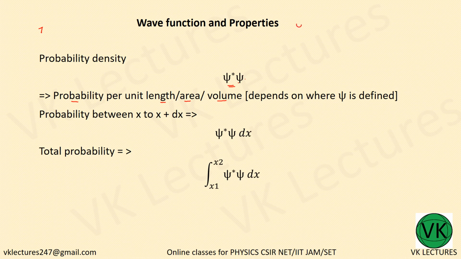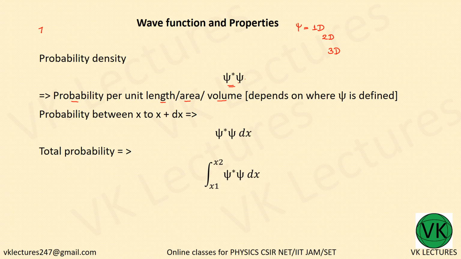If the wave function is defined in one dimension, then we say that psi star psi is probability per unit length. If it is in two dimensions, psi star psi is probability per unit area, or if it is three dimensions, we call it probability per unit volume.